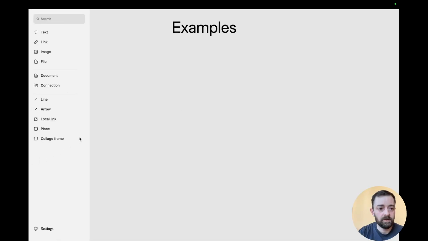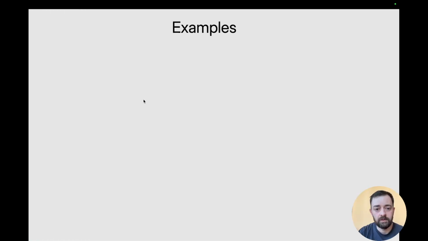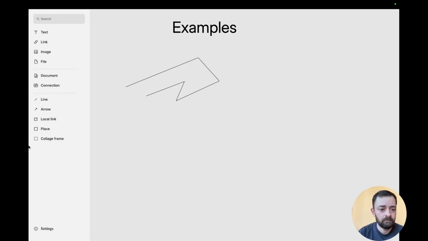Now let's start with lines and arrows. So I can press L and draw lines like this. Then I can just press escape. For arrows, we don't have any keyboard shortcuts, so we just press here.